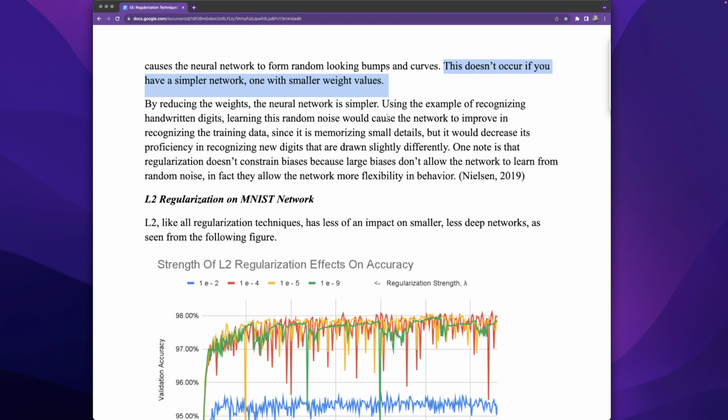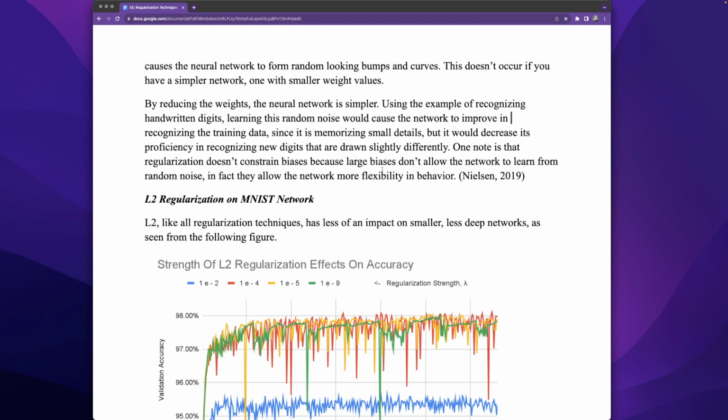Using the example of recognizing handwritten digits, learning random noise would cause the network to improve in recognizing training data because it memorizes small details, but it decreases the efficiency in recognizing new digits that are drawn slightly differently. So by making the network simpler, you're not letting it learn the tiny noise from training data.